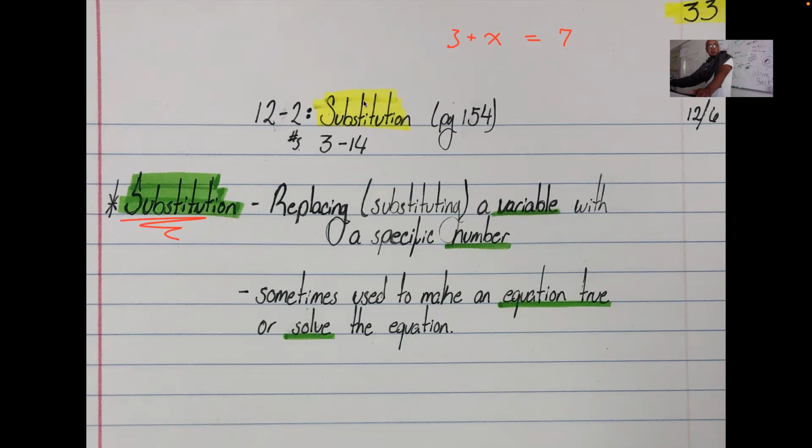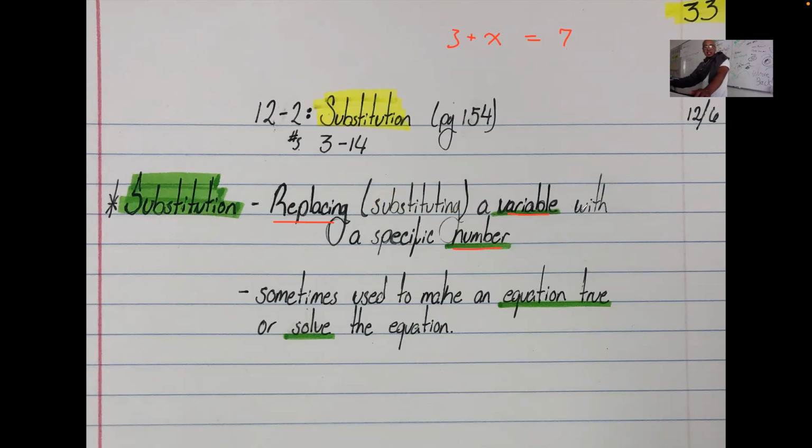Now, I know that you could probably solve this one in your head, but they're obviously not all going to be as easy as this. But substitution, just as it implies, means replacing or substituting a variable with a specific number.